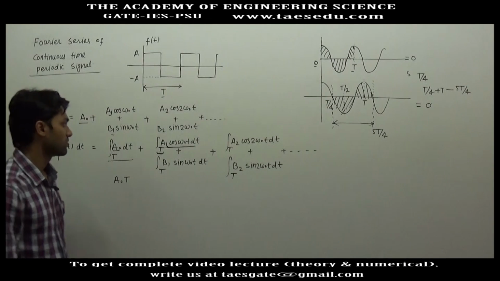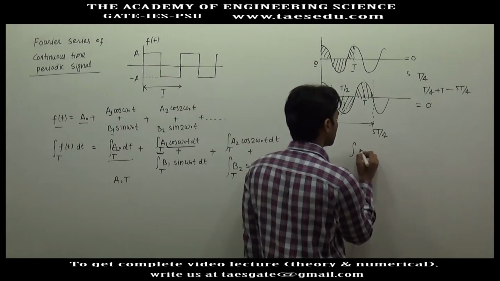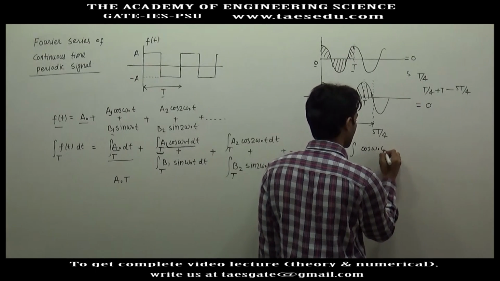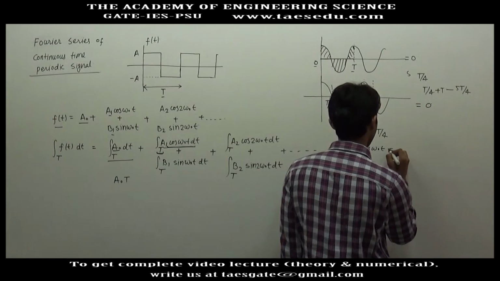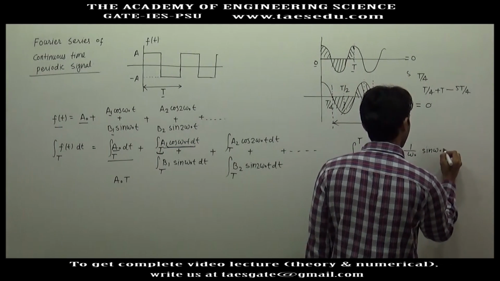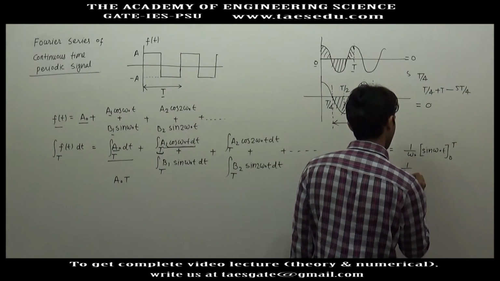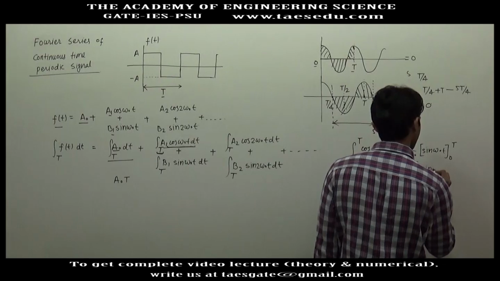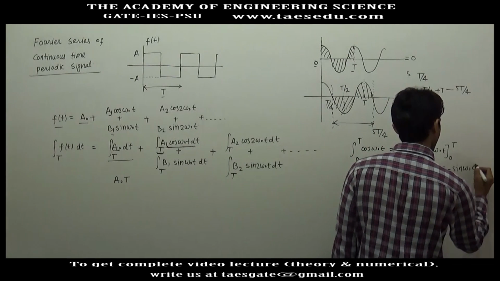And you can also verify it mathematically. Integration of cos omega naught t from 0 to T will give you 1 upon omega naught sine omega naught t from 0 to T. This will be sine omega naught into capital T minus sine omega naught into 0.